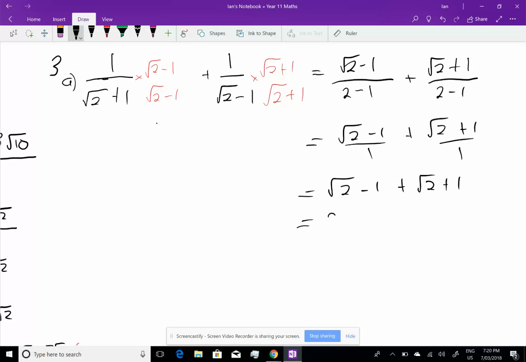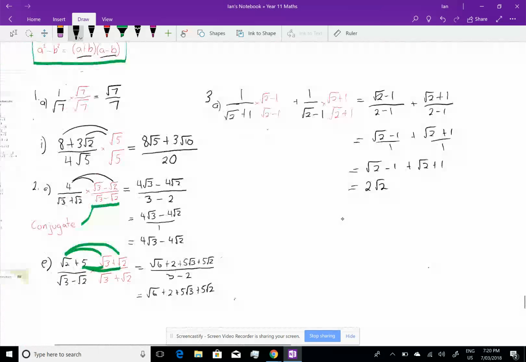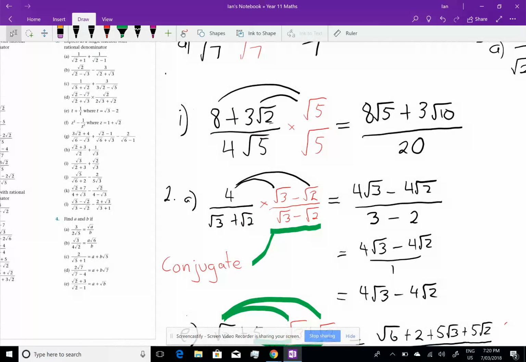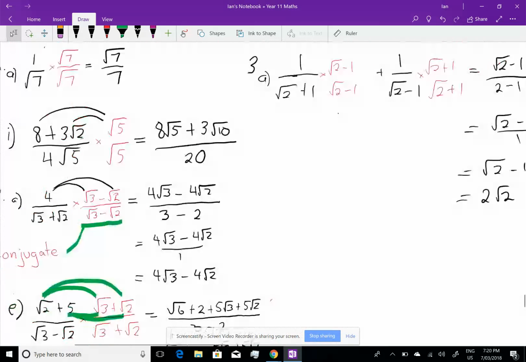The ones will cancel, but I'll get 2 root 2's, and that's my answer. Well, that was pretty easy. We don't need to worry about this. Well, it does get a little bit tricky. Let's have a go at 3c.